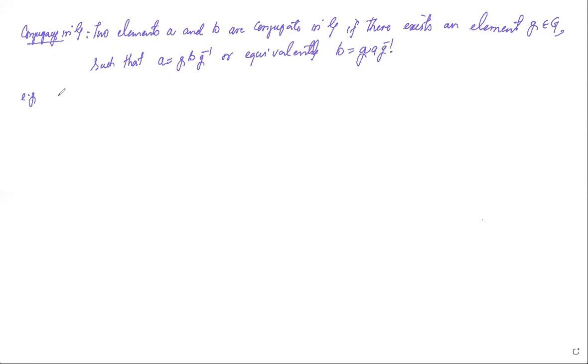For example, if the group G is equal to S3, then the elements (1 2) and (2 3) are conjugate.